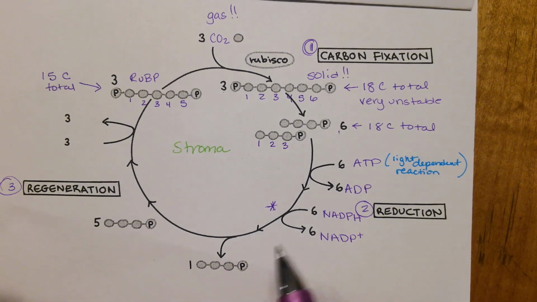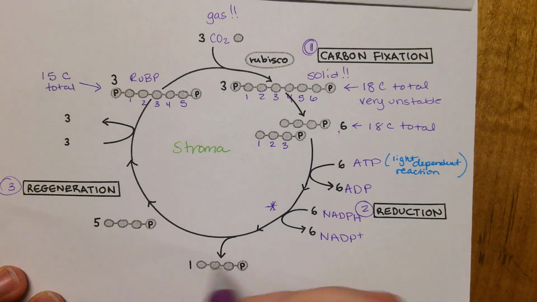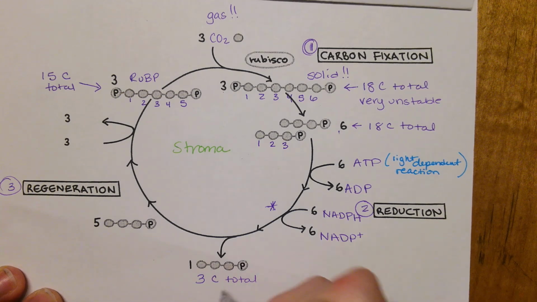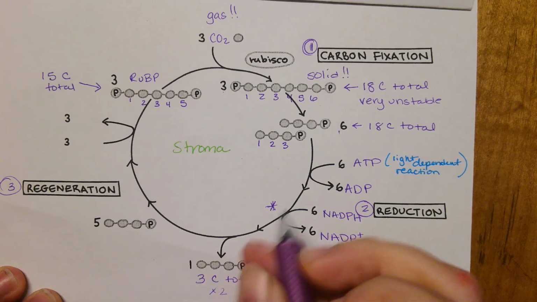So now we're going to release one guy. This one guy is 3 carbons total, right? Well, we have to do 2 cycles times 2.